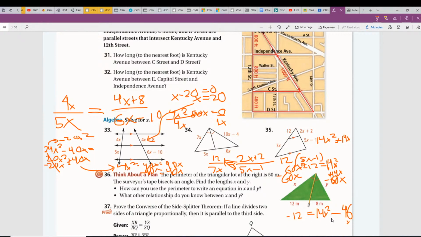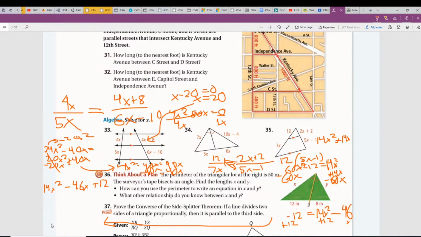Don't forget the x. And we would add the 12. And I'm going to move all this here. And I'm going to have 14x squared minus 46x plus 12. Okay.